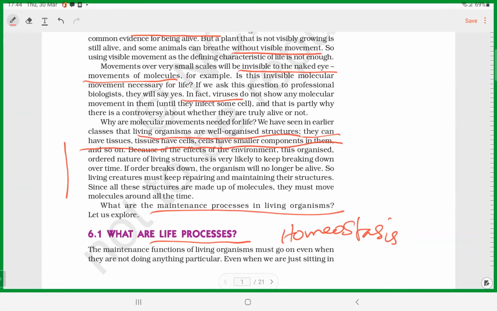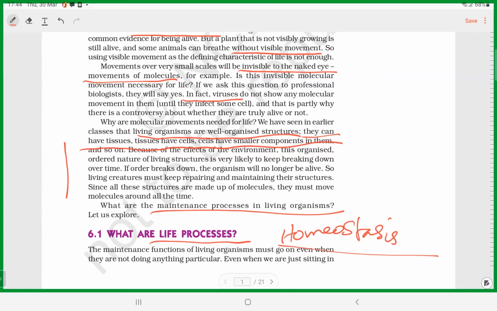All these things are life processes. Is it clear? Fine. Together, these processes, what will they do? All together, maintenance of homeostasis. What is homeostasis? Maintenance of body temperature, maintenance of pH level, maintenance of water level, maintenance of nutrient level, maintenance of normal conditions all over the body.